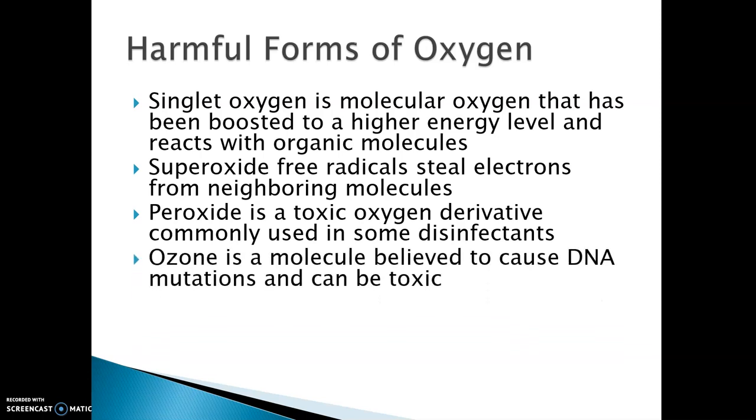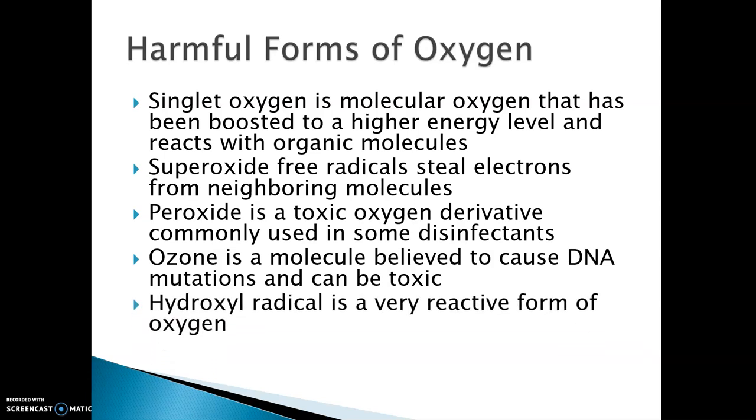I'm sure you've all heard of ozone before. The ozone layer. It's what helps to keep the harmful rays of the sun from getting to the earth. But as a molecule, ozone is O3, so it's actually 3 O's instead of 2. And it can cause DNA mutations and other things.